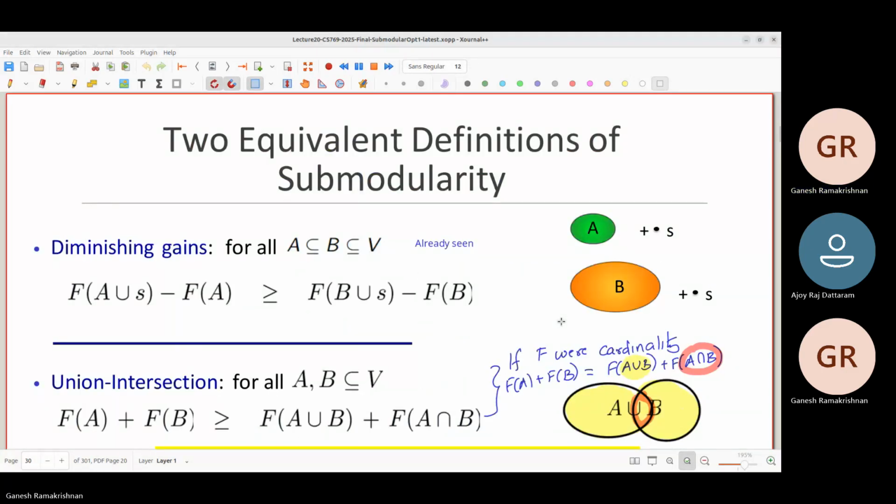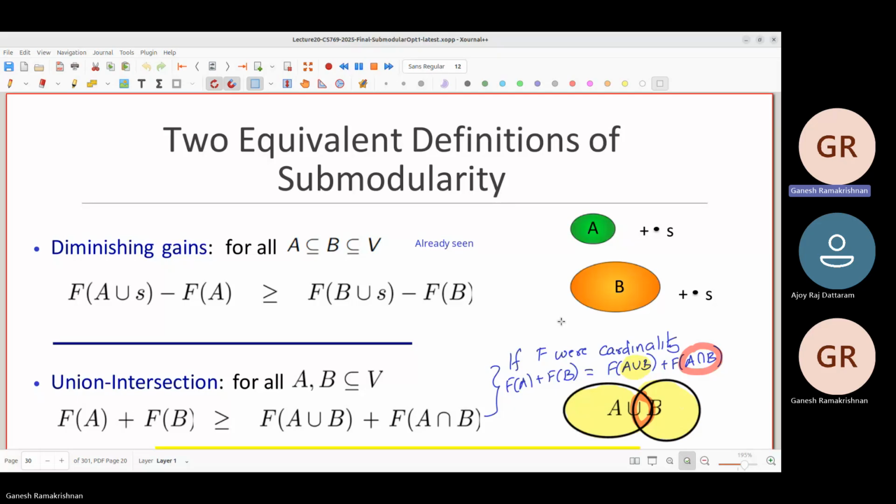The last class I had concluded with two equivalent definitions of submodularity. I left you with an interesting problem to prove. Did anyone have a go at it? There were two definitions of submodularity.